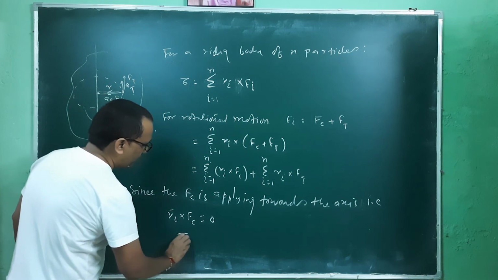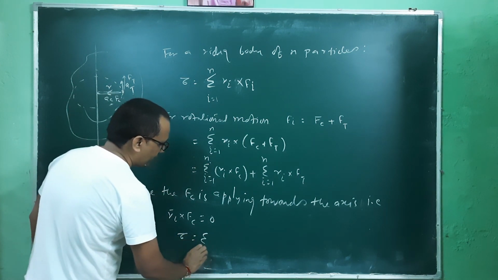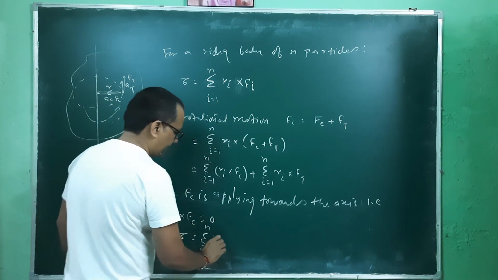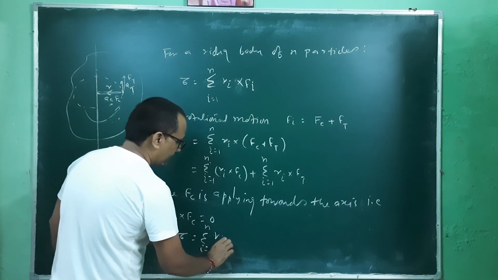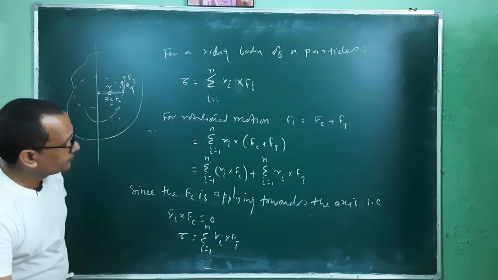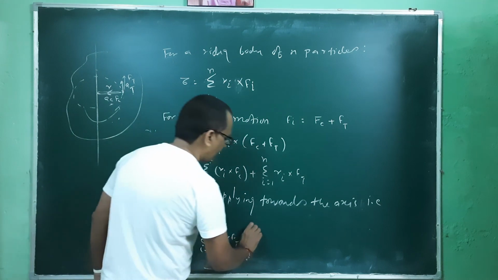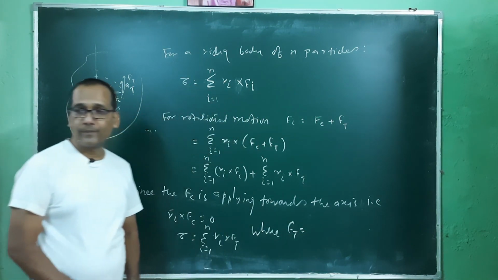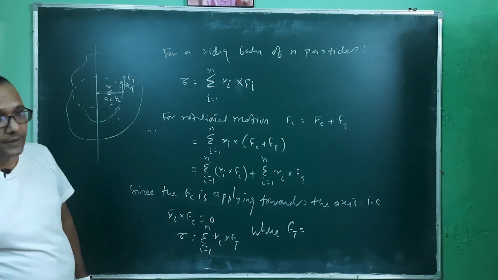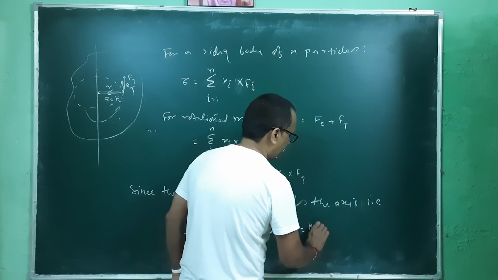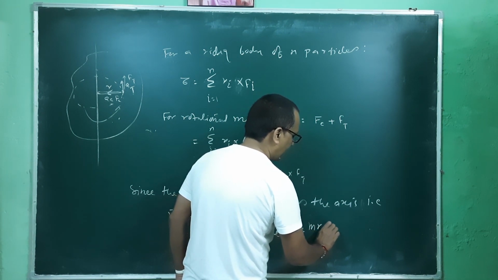So this tau is equal to the summation of i from 1 to n of Ri cross Ft, where Ft, in terms of angular acceleration, is mass multiplied by Ri multiplied by alpha.